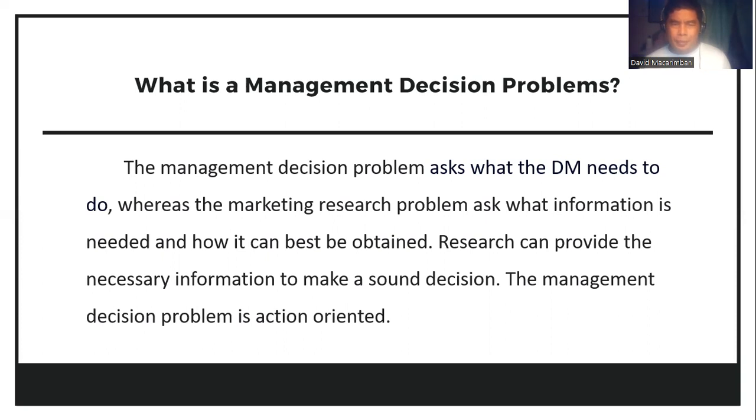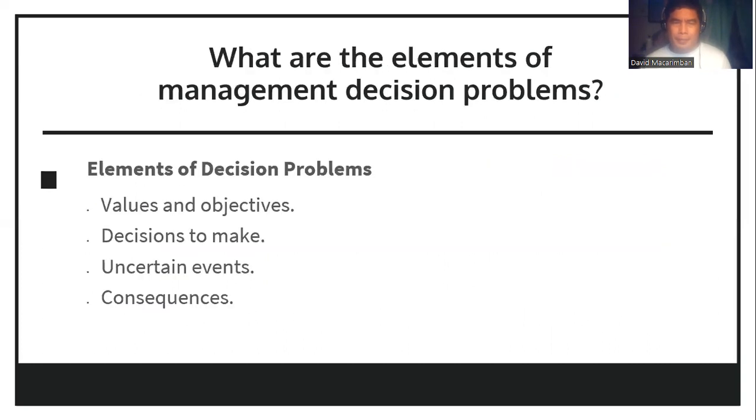So, kailangan natin pag-decisionan yun. Then research. So, pag hindi in demand na product, kailangan may research yun para malaman natin kung ano yung problema ng produkto na yun. Okay. So, bago ipasa doon sa management decision, bago tayo mag-decide in the part of management. What are the elements of management decision problems?